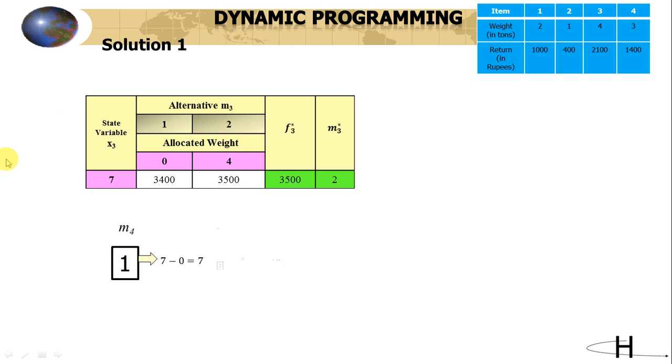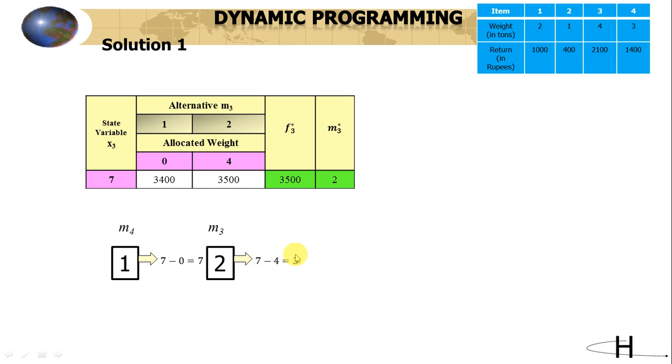So when we allocate weight 4 ton, this value 3500 is obtained. So 4 ton weight is allocated in stage 3. So the remaining weight with me is 3 ton, 7 minus 4, that is 3 ton.